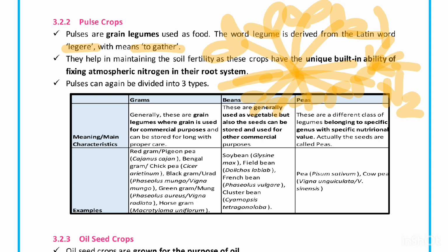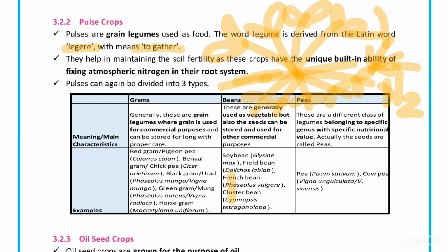If there is a mechanism through which the plant can get nitrogen automatically, we do not need to supply any extra chemicals. They have this inbuilt capacity to fix atmospheric nitrogen in the roots of the crops.